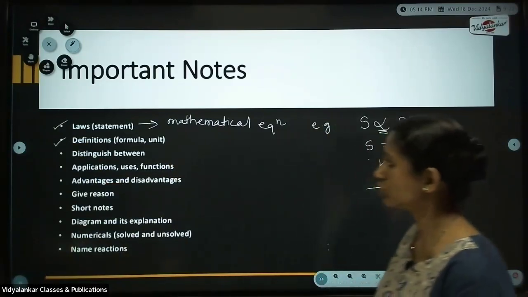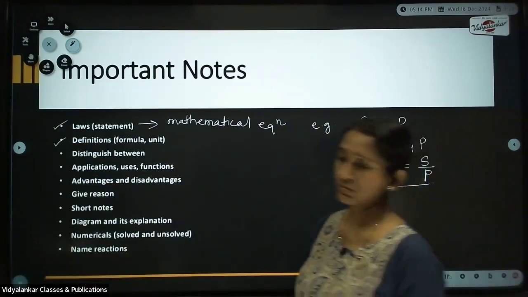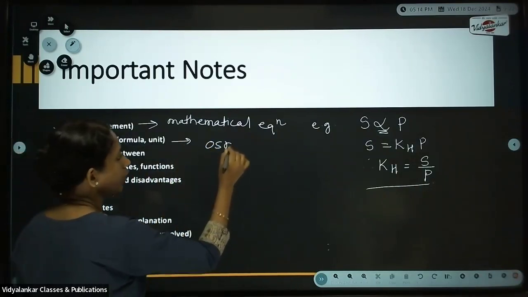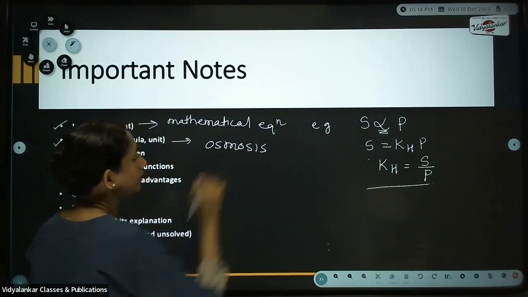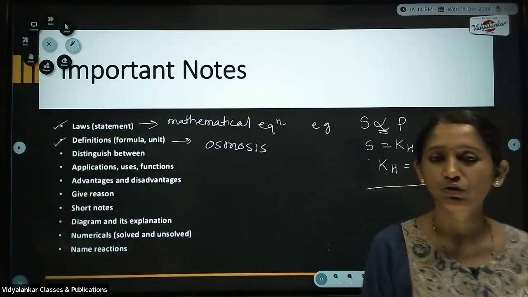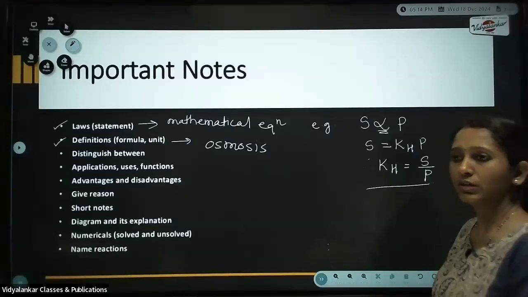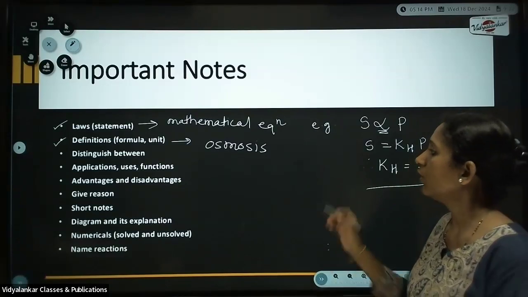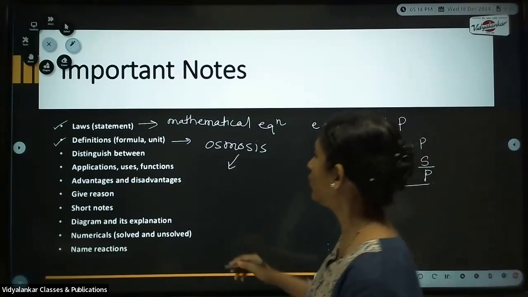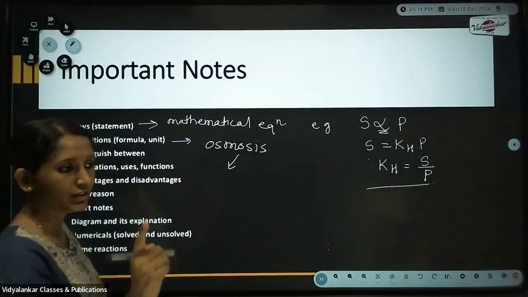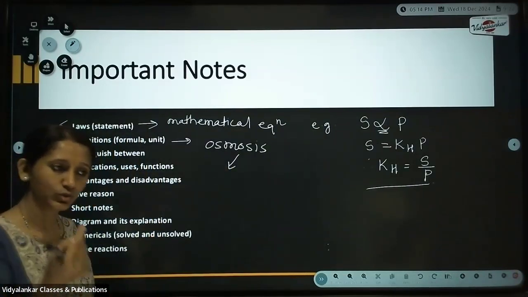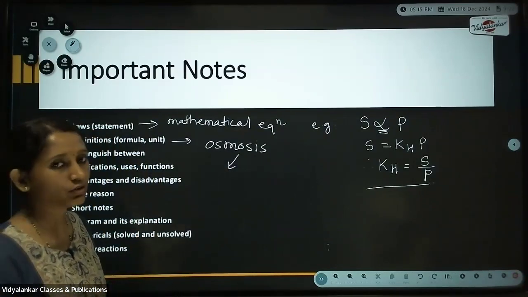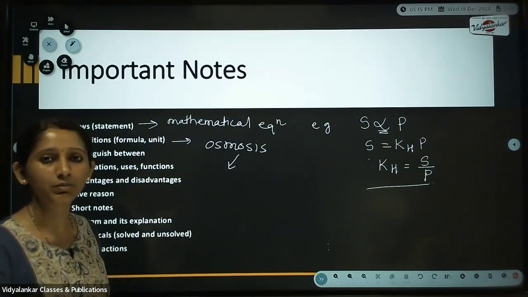Then next is the definition. If any definition is asked, for example the definition of osmosis, what do you mean by osmosis? Here you have to strictly refer to the textbook. Osmosis is the flow that is unidirectional, so the very first keyword is unidirectional. Then it is the flow from lower concentration to higher concentration through the semi-permeable membrane.